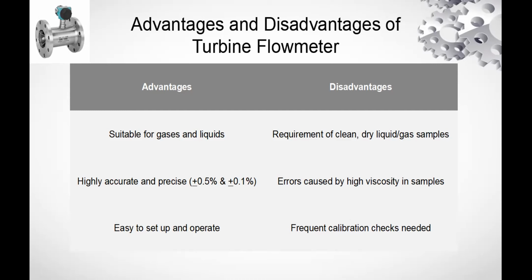Sometimes the flow meter will face vibration during the process, and severe vibration may decrease the life of the flow meter itself. So there are some advantages and disadvantages of this turbine flow meter. That's why we have another two types of flow meter which will be presented by the next group. I think that is from us.